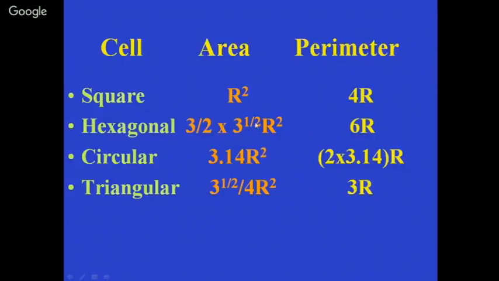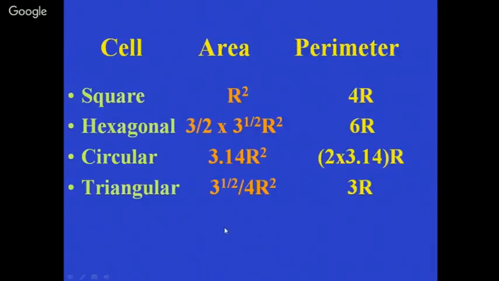If you calculate this, the area of the circle is more compared to the hexagonal, but the difference, the ratio, is very less in case of the area. Though the circle's area and perimeter are more, the difference is very, very low. Whether you use circle or hexagonal, the difference is very low.